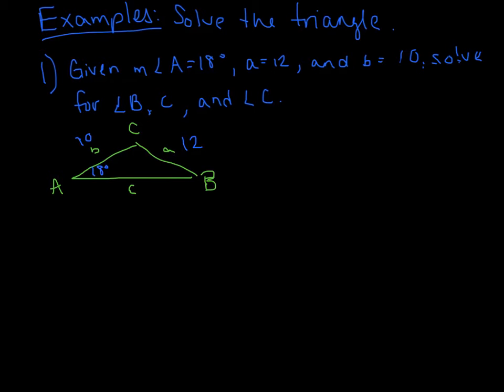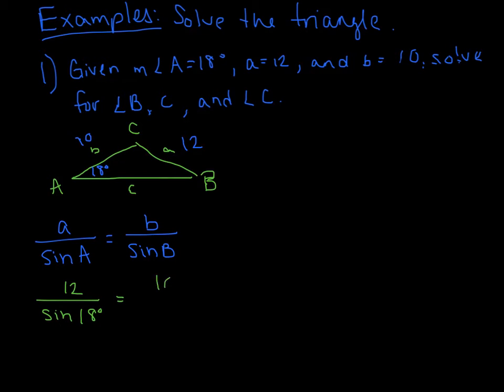Since I know both my A's, I'm going to use A over sine A. And I know my side B, and I want my angle B. So I'm going to use A over sine A equals B over sine B. And I'm going to plug in what I know. So A is 12. Angle A is 18, so I'm going to do the sine of 18 degrees.